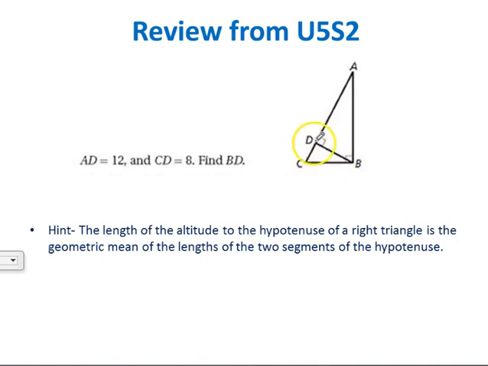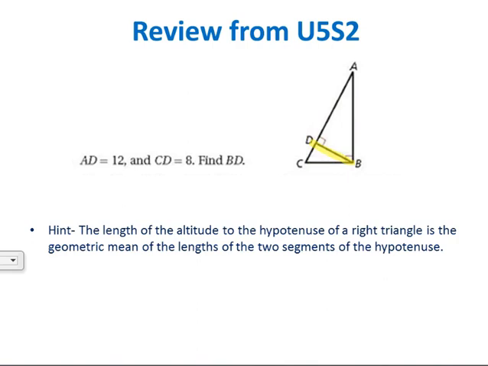If you draw in the altitude, you create 2 more right triangles, and with those right triangles come some patterns. If we're asked to find the altitude length, there's a pattern that has to do with geometric means.